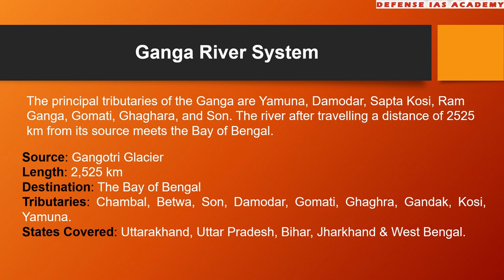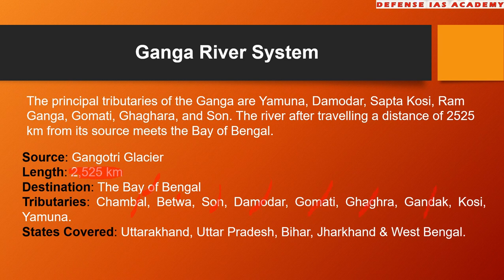So, as a brief summary, we can say that the source of the Ganga river system is Gangotri glacier. Its length is 1525 kilometer. Then the destination is Bay of Bengal.